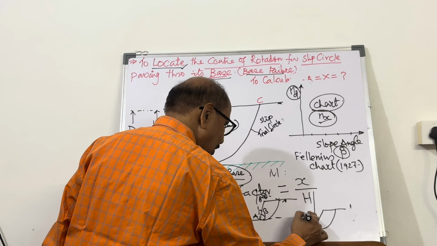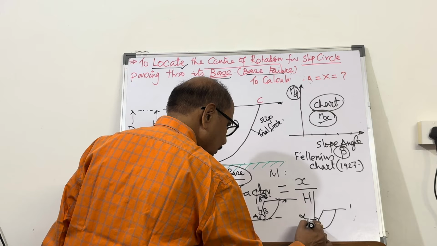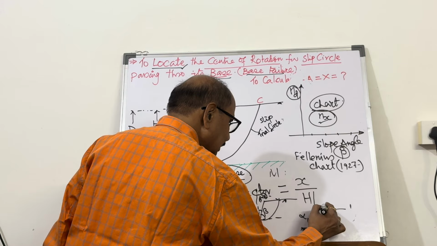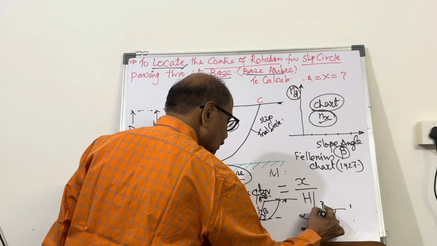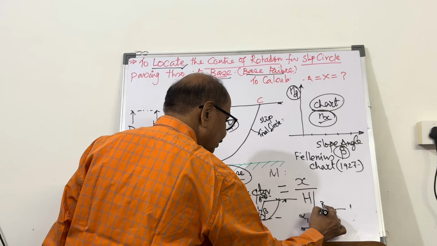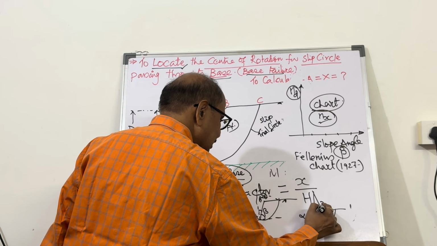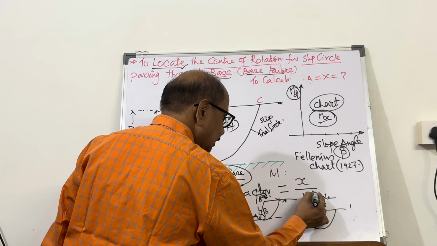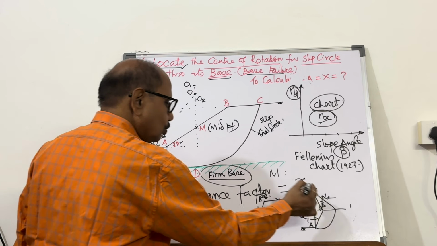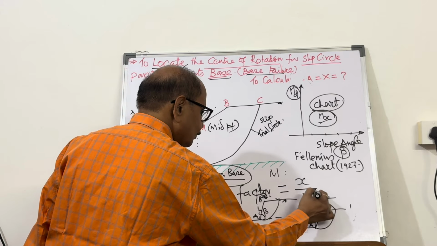So this is the alpha 1. With the directional angles at A and at B, you can have the directional angle alpha 2, and therefore you know the center of rotation, O.